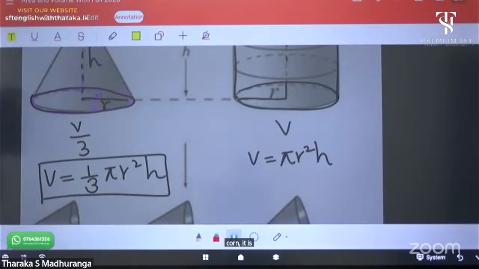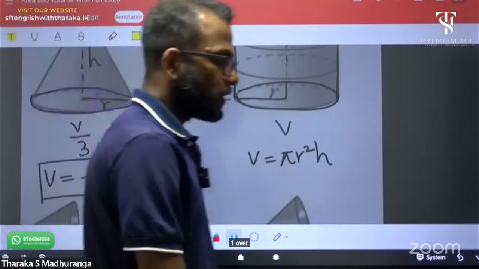It is 1/3 of the cylinder volume, 1 over 3 pi r squared h.